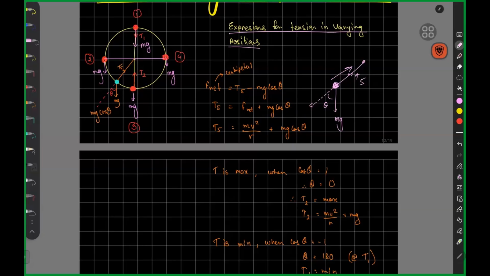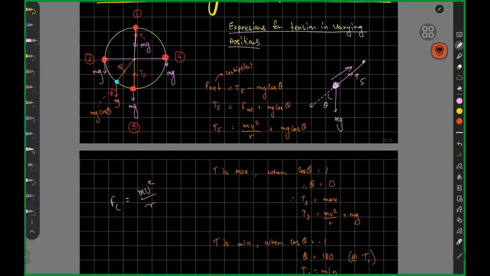Great. We are all on the same page till this point. And all I'm doing the next step is turning the F net into its equation. What is that? Your FC, centripetal force, is simply mv squared by r. We have gone through this so many times, you should have it memorized, inscribed in your brain by now. Very important equation.